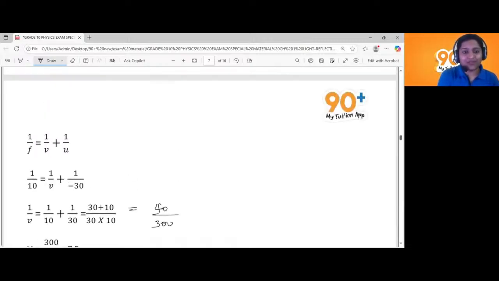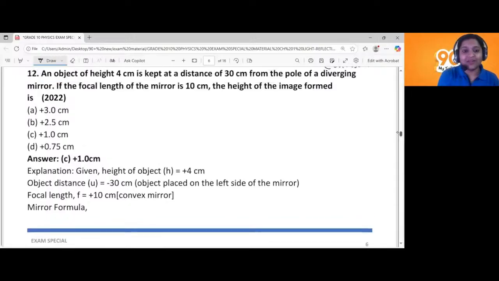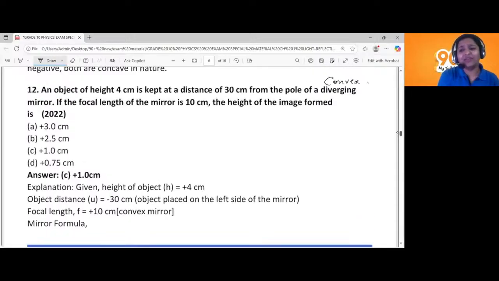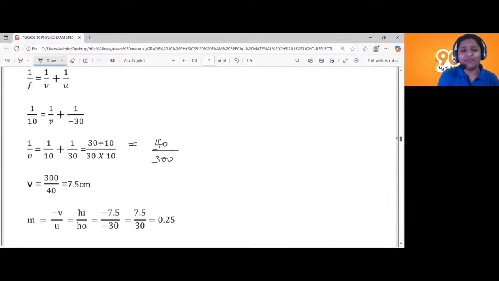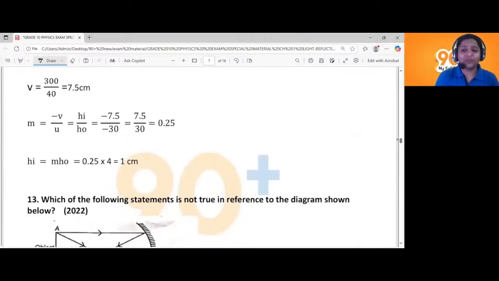But what is our question? Our question is, find the height of the image formed. How can we find the height of the image? We have V value, U value, F value, and height of the object. But we don't have the height of the image. So what to do? Equate the two different formulas for magnification. Magnification is given by negative V over U is equal to HI over HO.